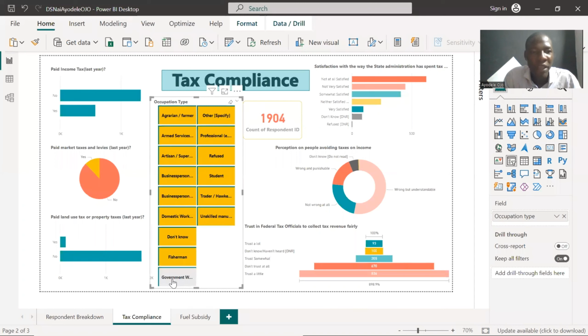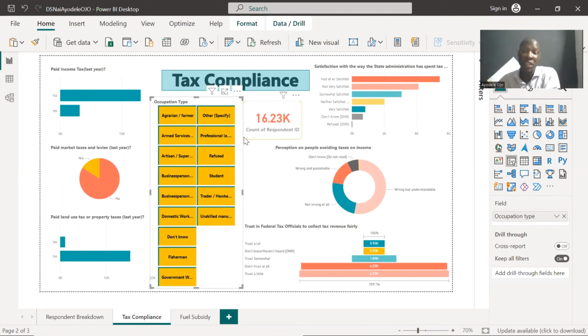So what I just want to bring out there is that people who are government officials, people who are professionals, tend to pay their tax more than those in other categories, business and all of that. So we can still explore this more to see the tax compliance and their perspective on tax.